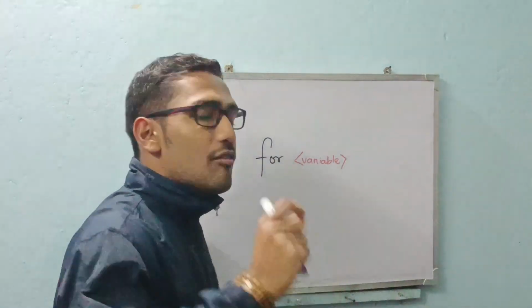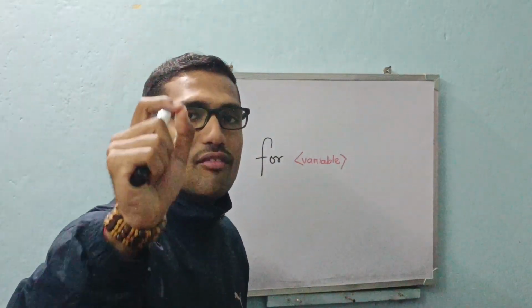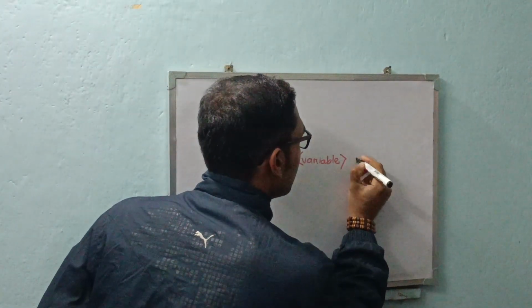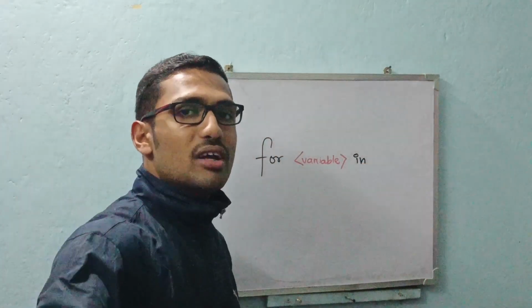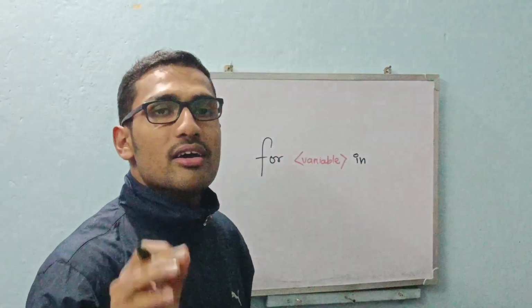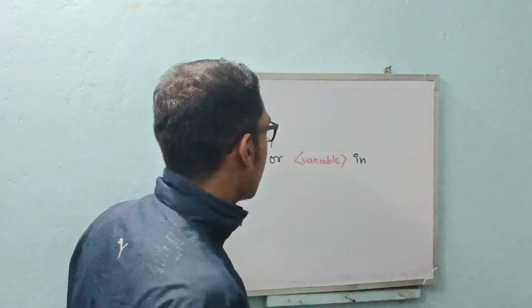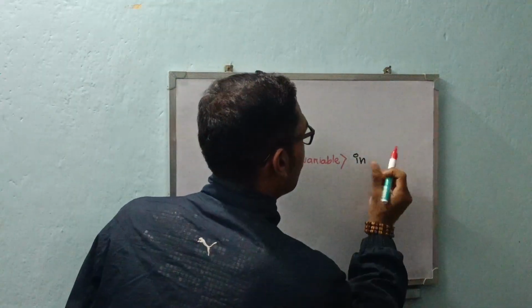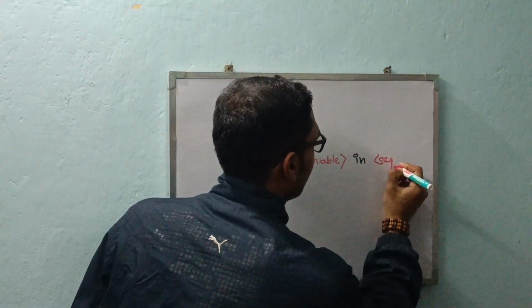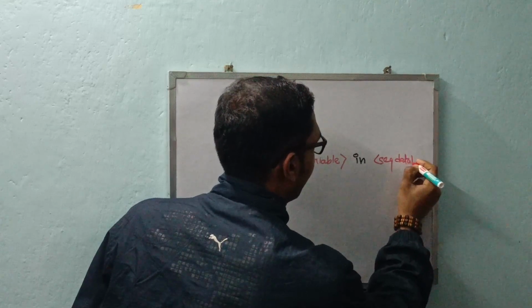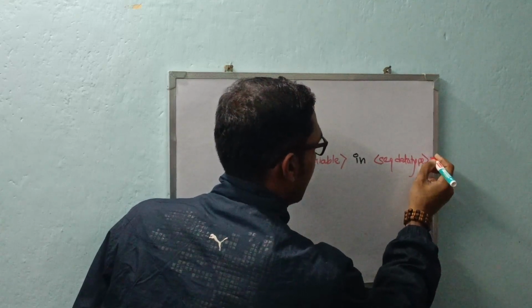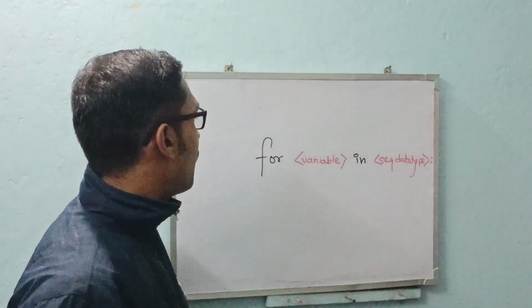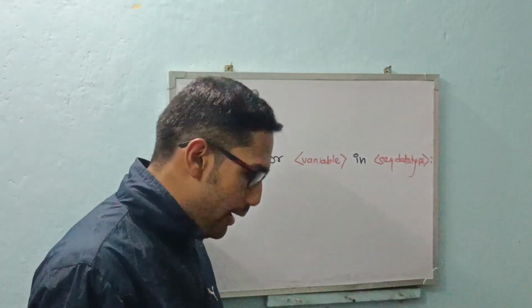That variable name will be followed by the keyword in, the membership operator. And after that the membership operator will be followed by a sequence data type, and that sequence data type will be followed by a colon. Why?